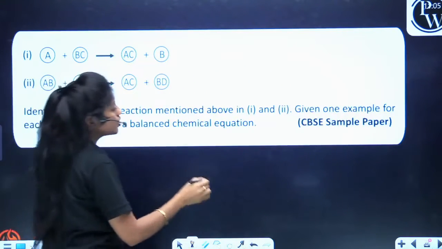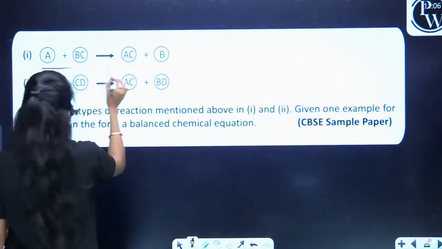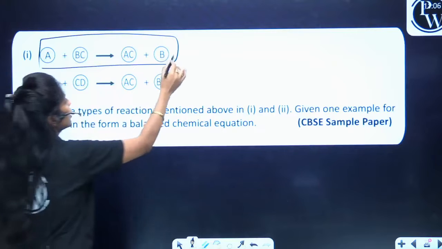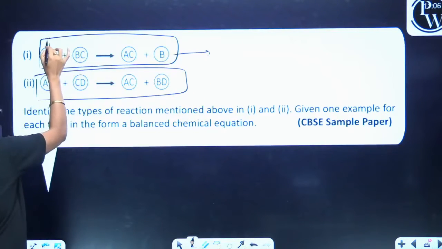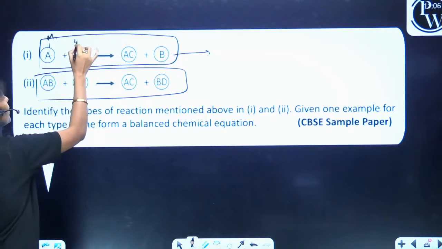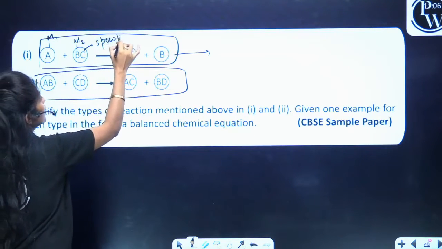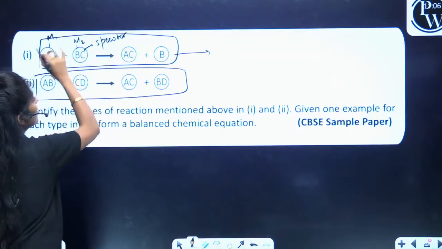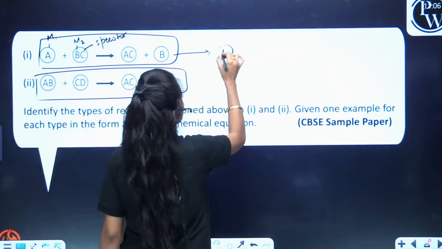Now this question is from the sample paper, very interesting. Try to check this kind of reaction. What do we call them? And this kind of reaction. Check here, this is metal 1, this is metal 2, and this is the spectator ion. Now see, this ion has displaced only once. So can I call it a displacement reaction?